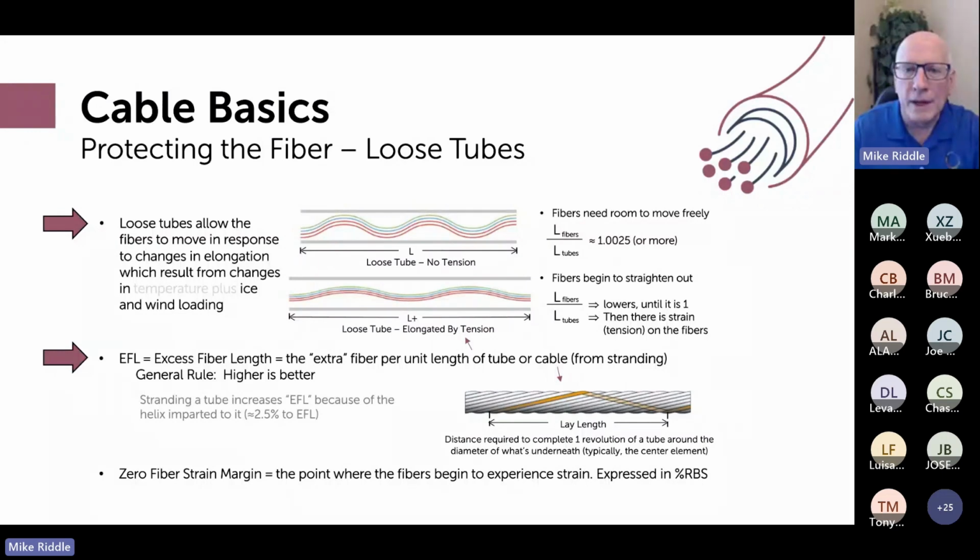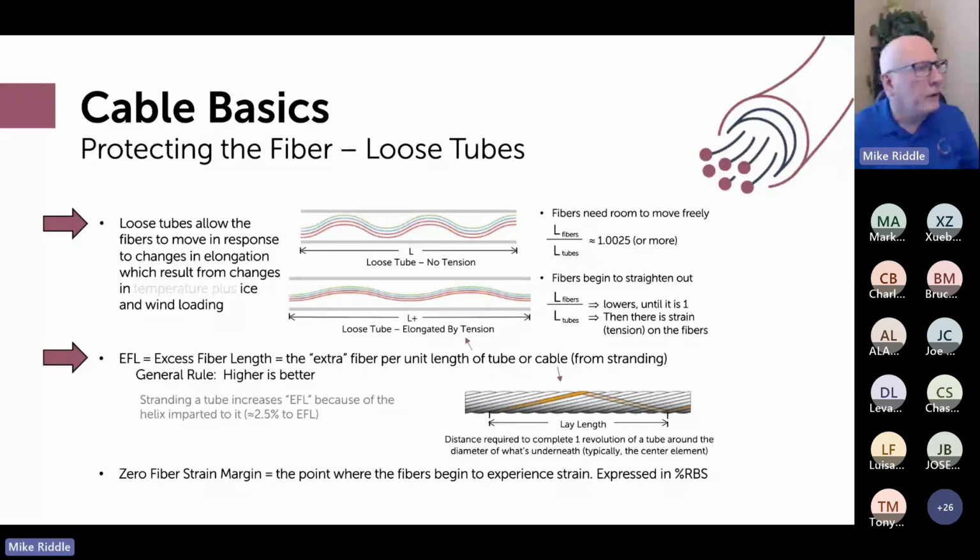And because ADSS is dielectric and made out of materials that are rather elastic, its length will change. So it's constantly moving and constantly changing. And the loose tube construction is conducive to facilitating the fiber being protected from those changes.